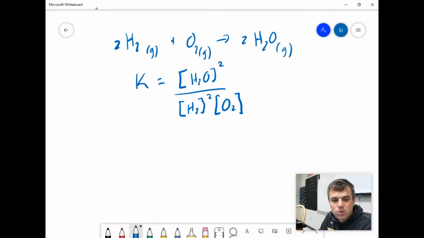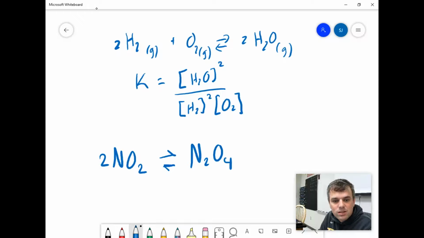And we're going to look at one more example, which is the reaction of nitrogen dioxide. Now, I should have written these with double arrows before. Nitrogen dioxide makes dinitrogen tetroxide.